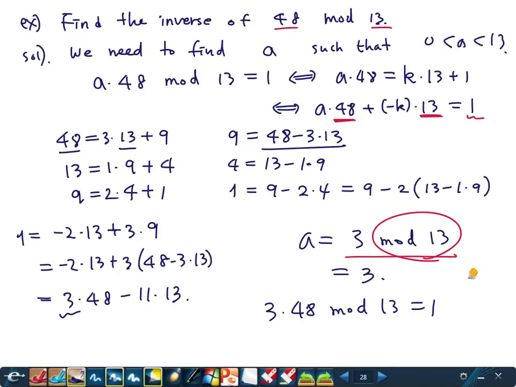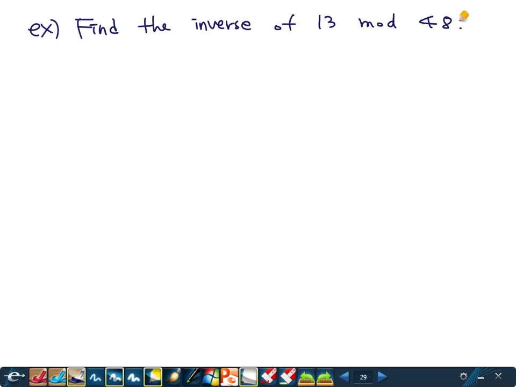All right. I'm going to do exactly the same thing with their roles changed. Okay? So example, find the inverse of 13 mod 48. What do we need to do?